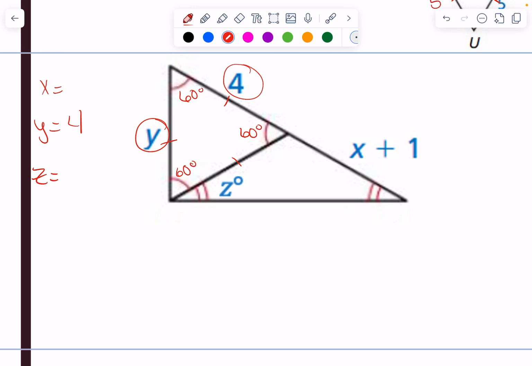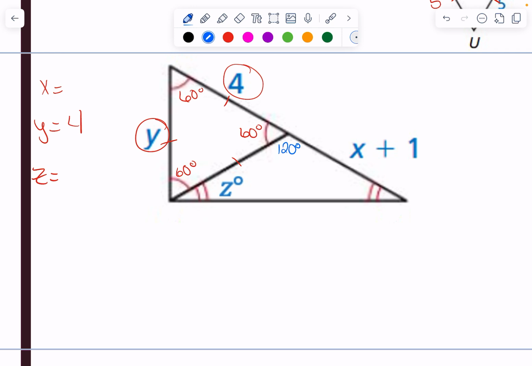Then I can use the fact of a linear pair. So I know that this 60 plus this angle has to equal 180. What that tells me is that this angle has to be 120 degrees.